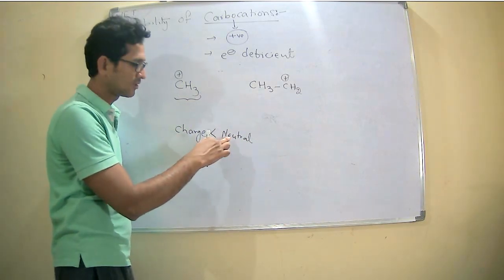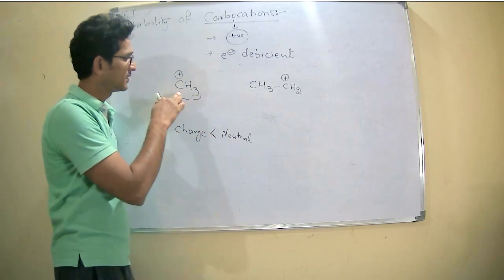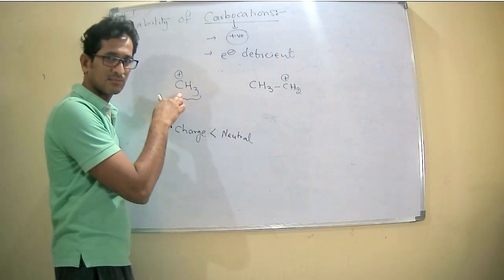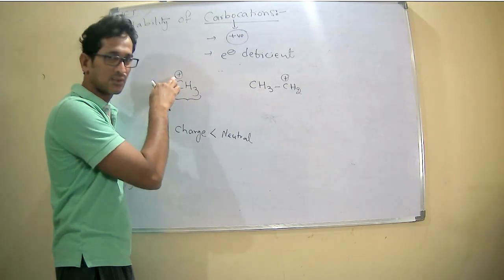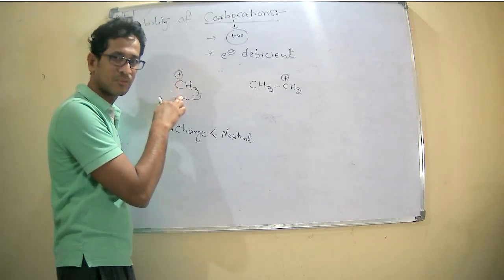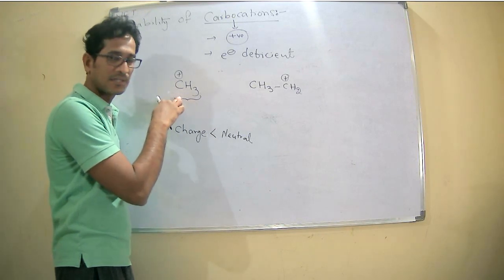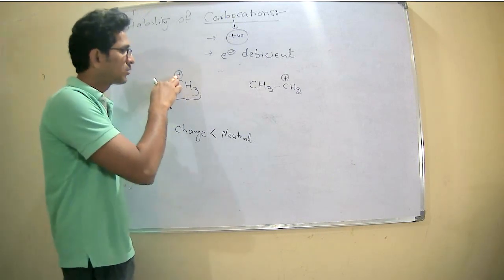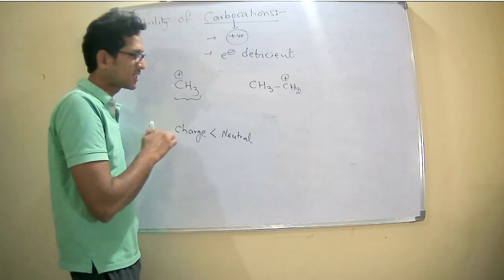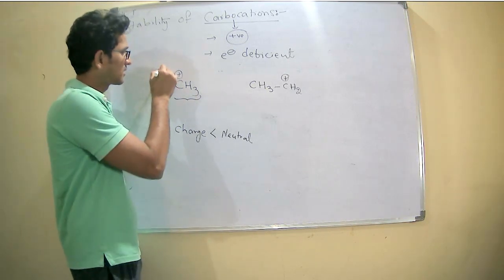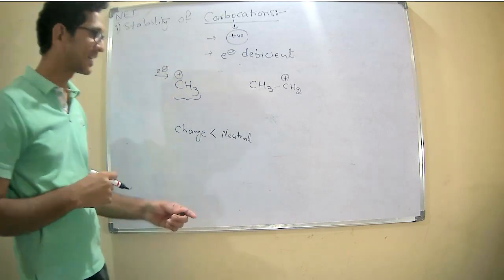We discussed this concept yesterday. This methyl carbocation with the positive charge is less stable, but we need to test whether it can be stabilized. Bearing a positive charge means it requires some electrons.